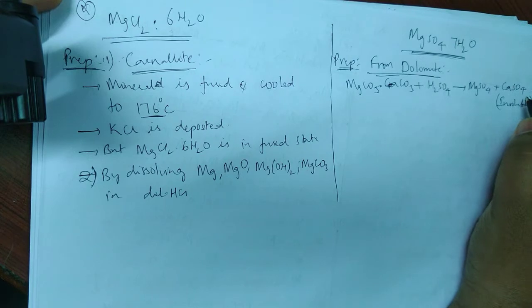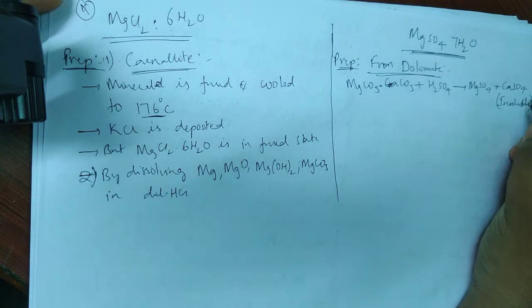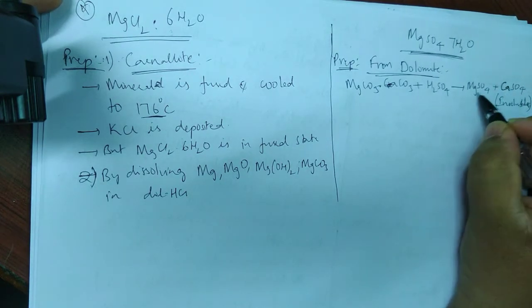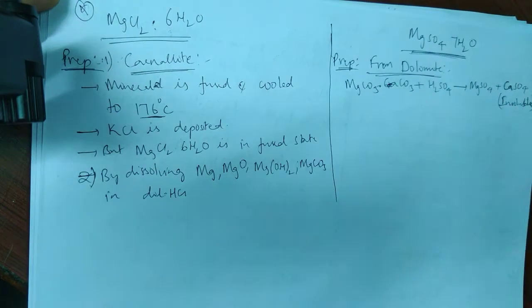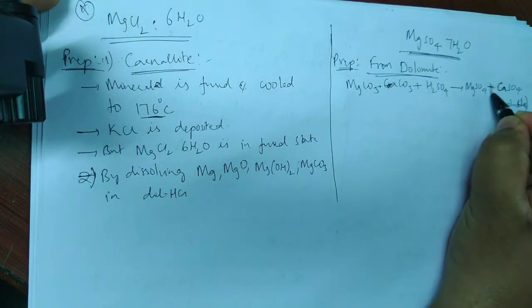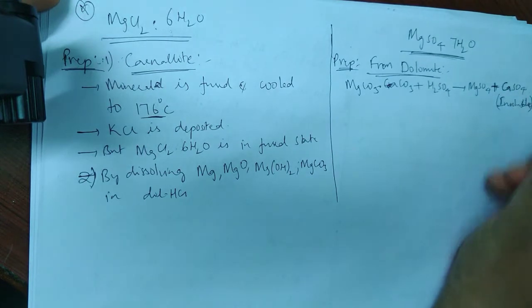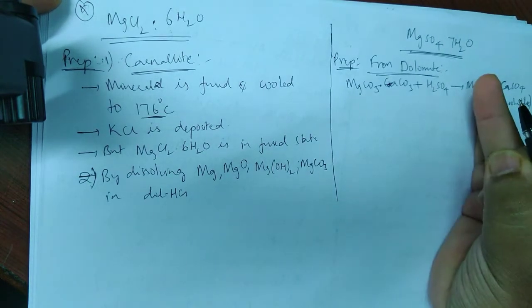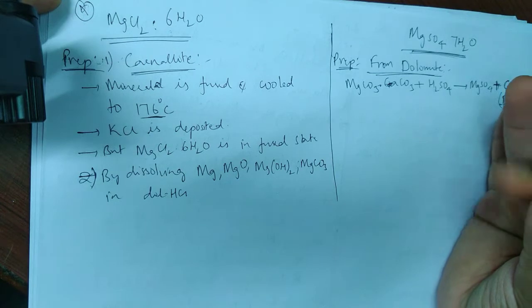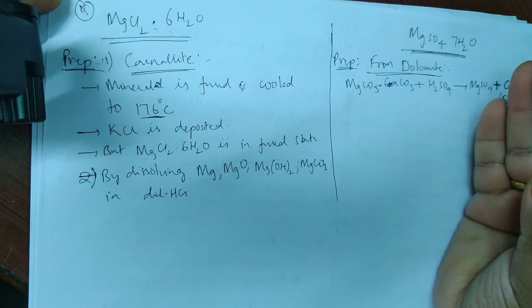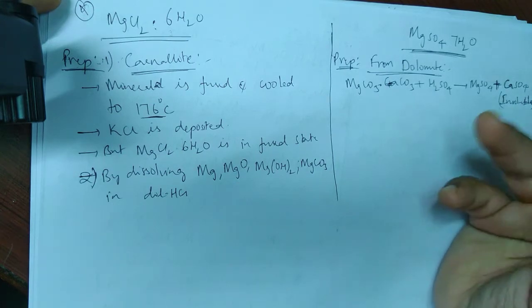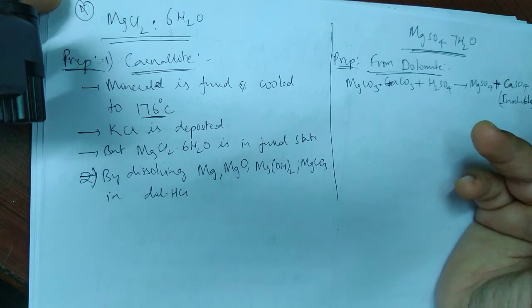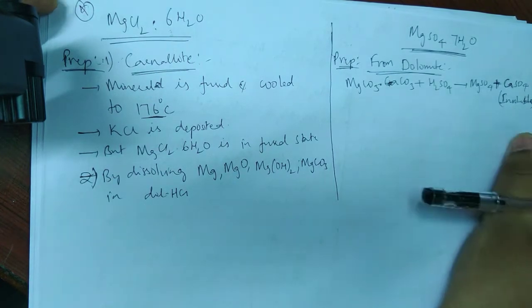The solubility of calcium sulfate as compared to magnesium sulfate is lower, insoluble. Yes or no? We have studied already about sulfates and chromates. I told you to remember a mnemonic, right?